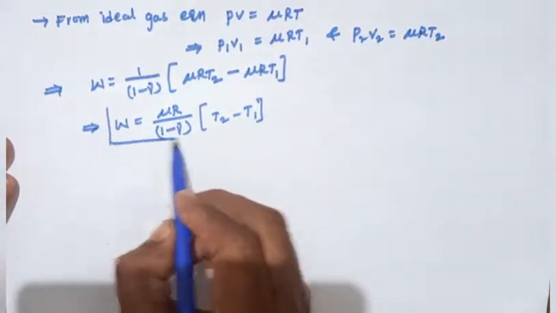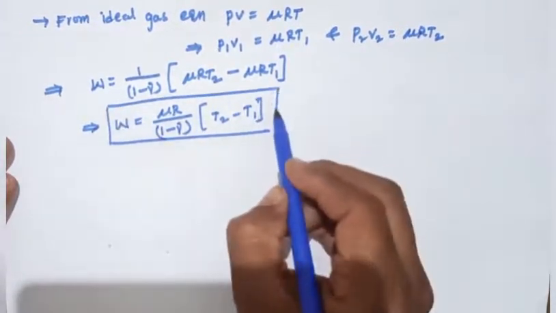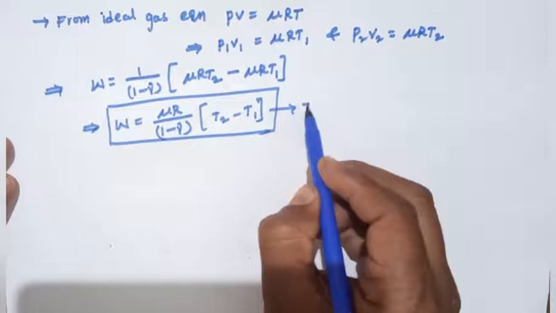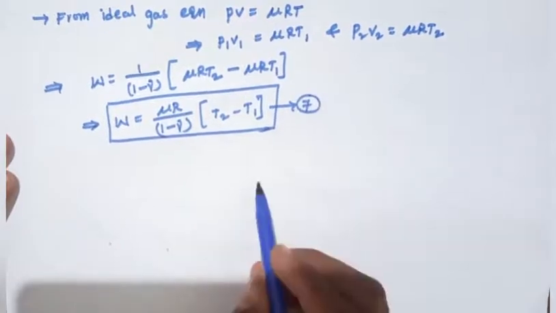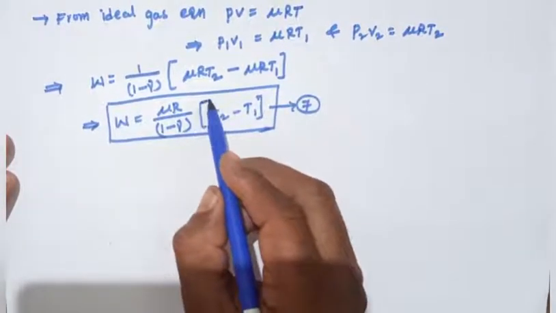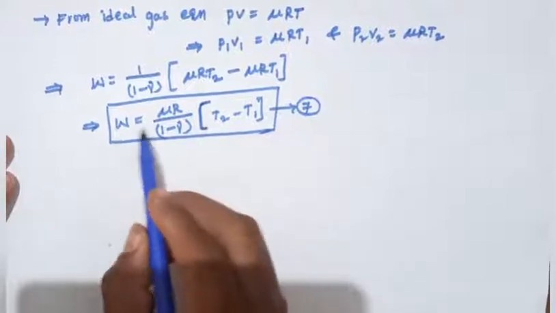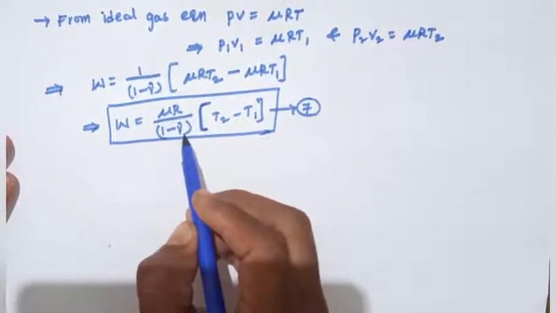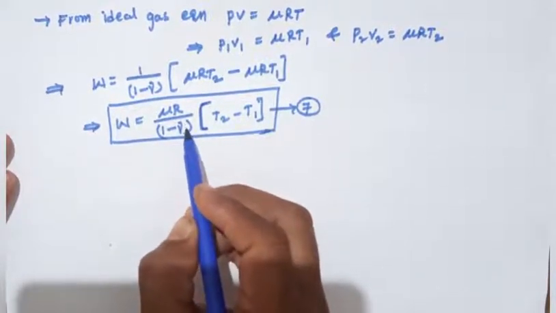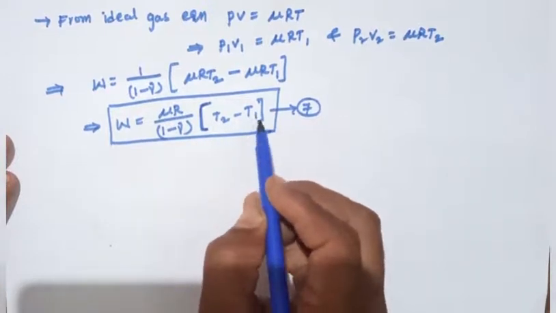Okay, so this is the work done. Equation number 7 is the work done for the adiabatic process: W equals to mu R divided by 1 minus gamma into T2 minus T1.